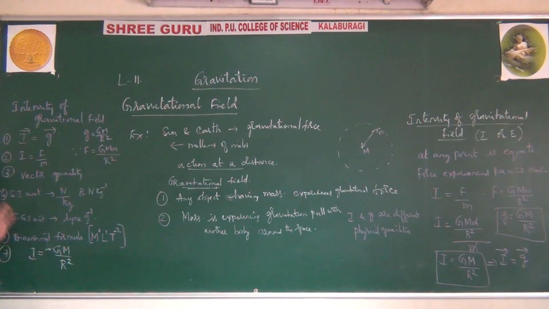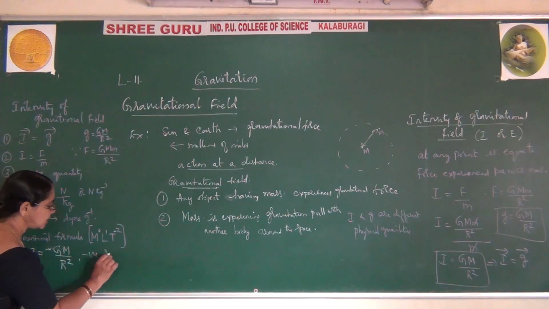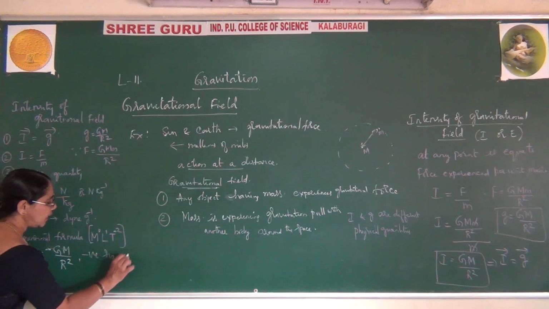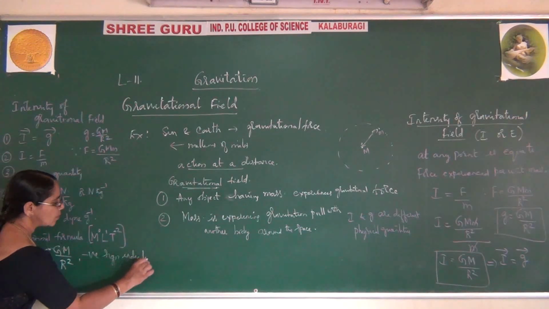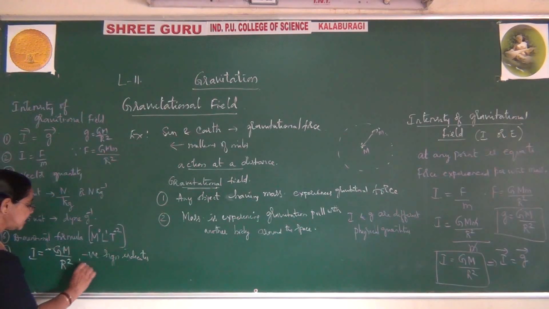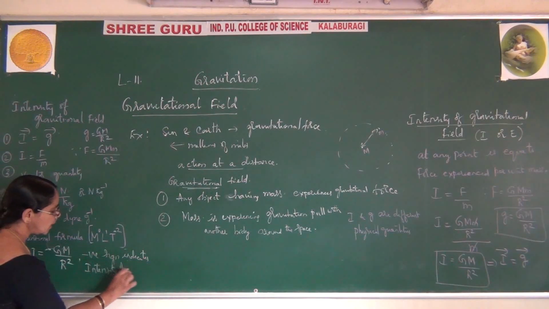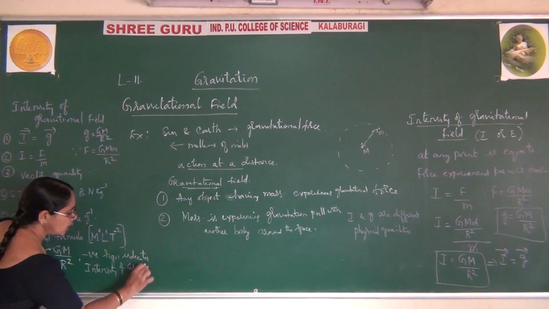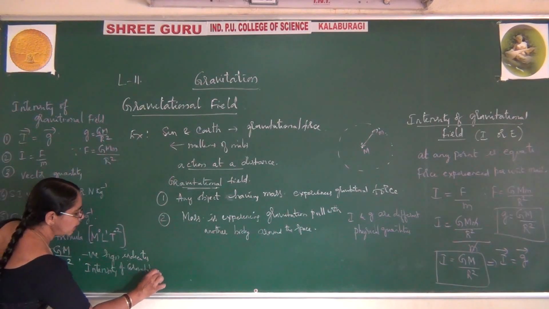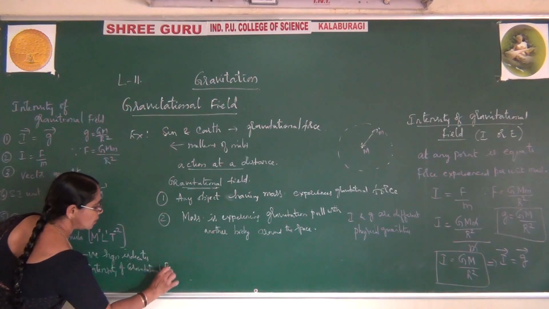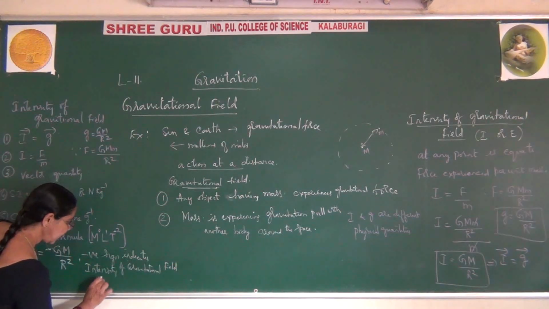This intensity of gravitational field is always attractive in nature, hence you can say it is negative. So negative sign indicates the intensity of gravitational field is negative.